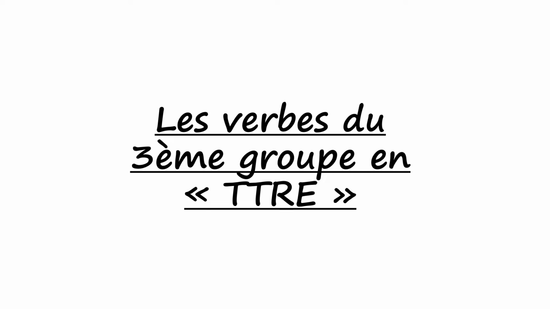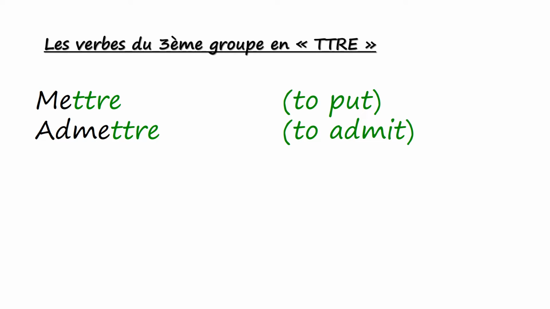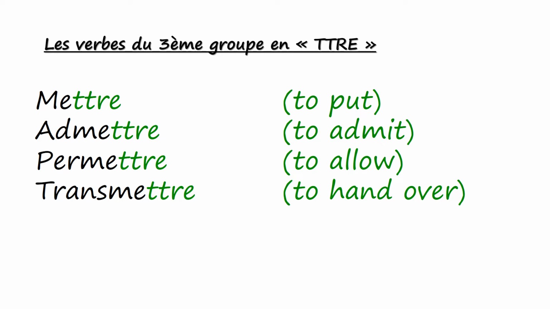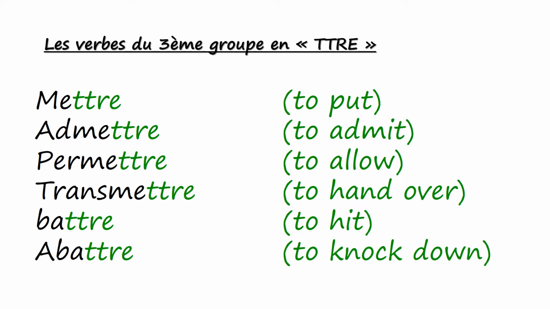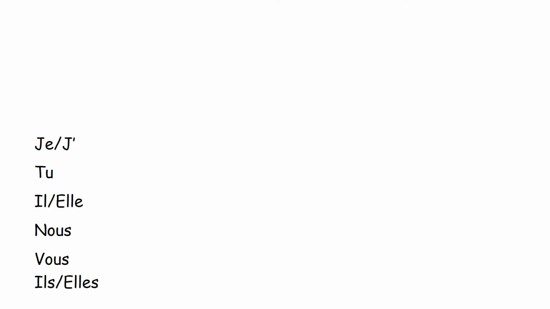In the next category, we have the verbs which are ending in double TRE. Let's see the examples of the verbs: mettre, admettre, permettre, transmettre, battre, abattre, combattre. Now let's see how we conjugate the verbs.